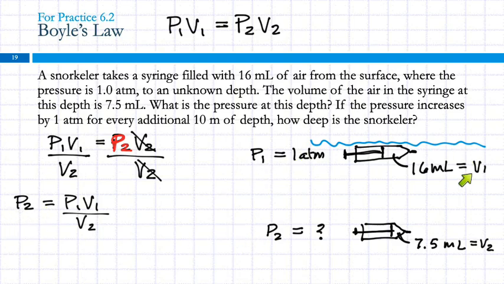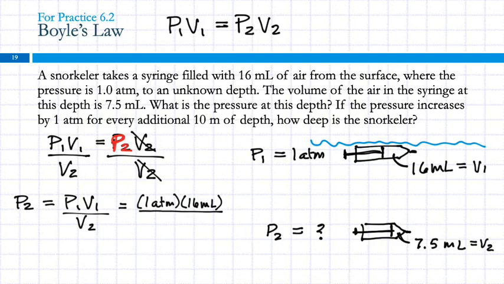So I rearranged the equation to solve for the thing I want. And then I'm going to take these other pieces and put them into the equation. You need to be careful here, because if you don't copy your 1s and 2s down correctly, now your equation's wrong and your answer's wrong. So some people have a harder time tracking and copying things like that. Just be careful. So pressure 1 is 1 atmosphere, and volume 1 is 16 milliliters. Always, always, always put the units in there.